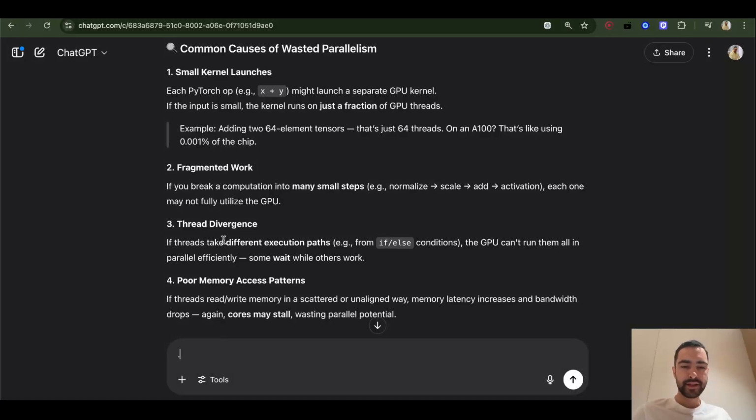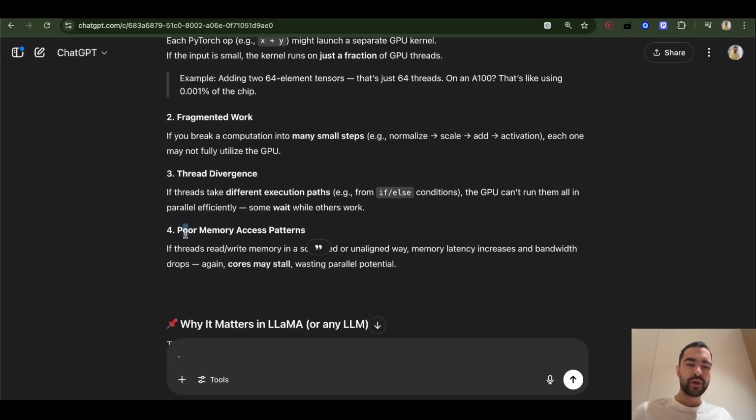If threads take different execution paths, for example from if-else conditions, the GPU can't run them all in parallel efficiently. Some wait while others work. Poor memory access patterns. If threads read and write memory in a scattered or unaligned way, memory latency increases and bandwidth drops. Again, cores may stall, wasting parallel potential.